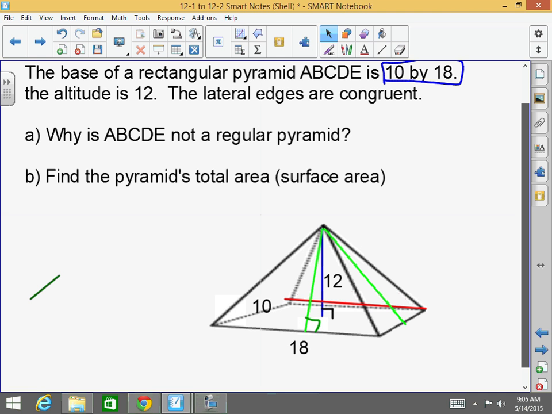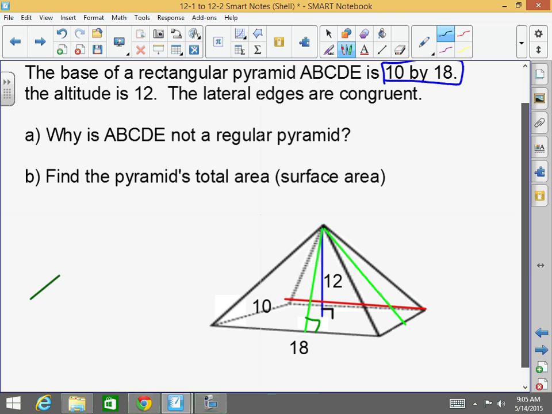So I want to find the pyramid's total area, or the surface area. What's the formula? Base plus lateral area. Correct?